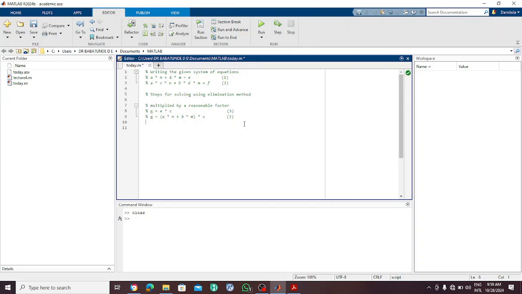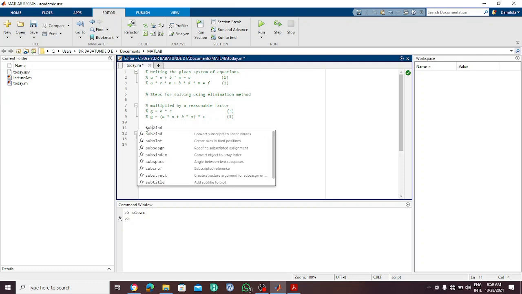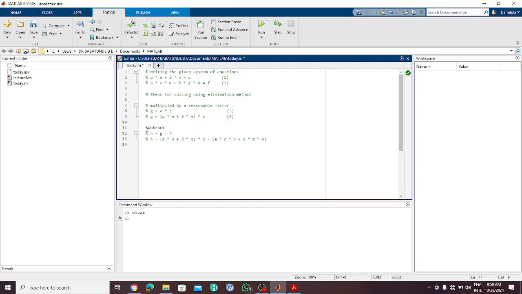So the next step is that we should subtract the term that is equal. So this is a comment.